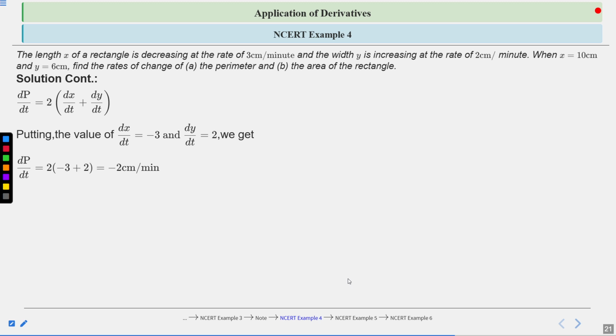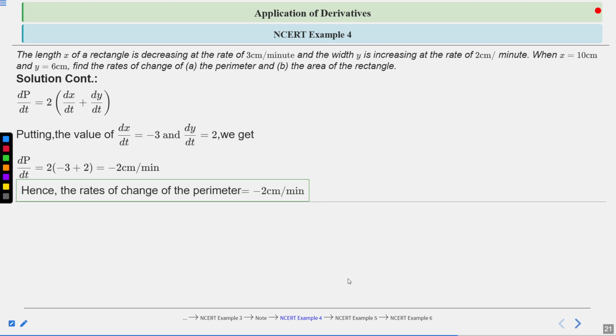Hence, the rate of change of perimeter will be -2 centimeter per minute.